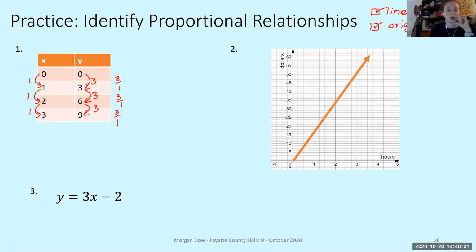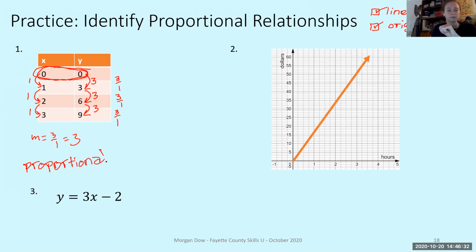Same ratio again. So I've got a constant rate of change. I've got a slope of 3. So this is linear. Does it go through the origin? Yes, it does. It includes the point 0, 0. So this is a straight line through the origin. So we would say, yes, this is a proportional relationship.